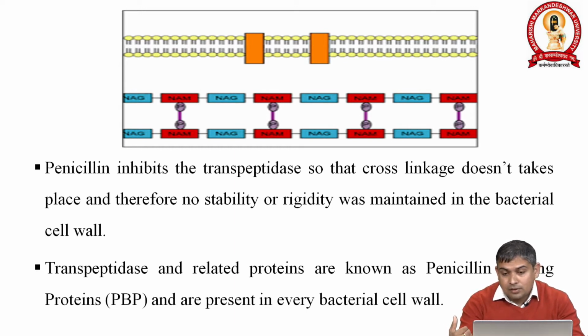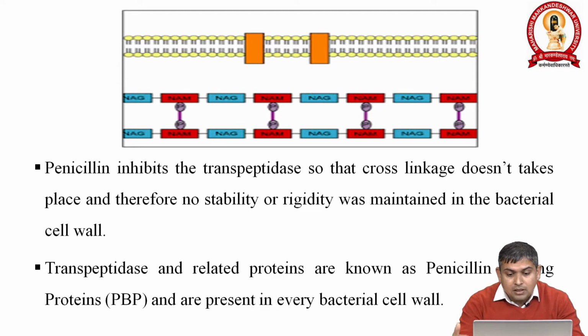In the case of beta-lactam antibiotics, the inhibition of the transpeptidase enzyme inhibits the formation of this peptide linkage, resulting in a deformed or defective cell wall, which does not have the desired strength required for the protection of the bacterial components from the external forces or external environment.